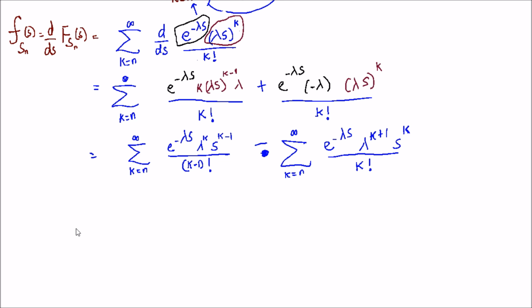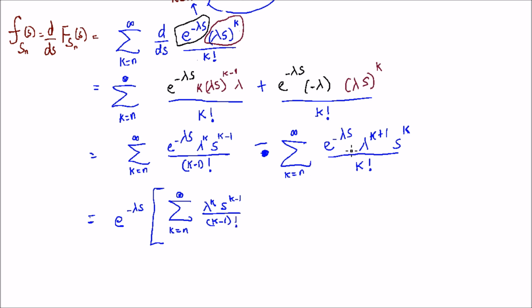Okay, so let's take e to the negative lambda s, which is common to both summations, outside. We have e to the negative lambda s times the first summation, the sum k equals n to infinity of lambda to the k s to the power of k minus 1 divided by k minus 1 factorial.